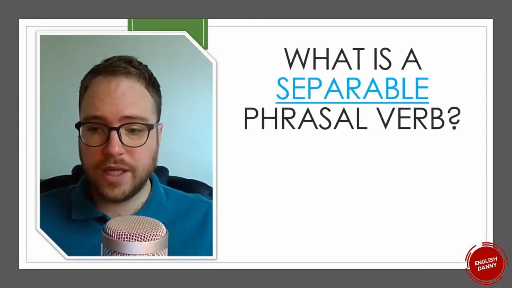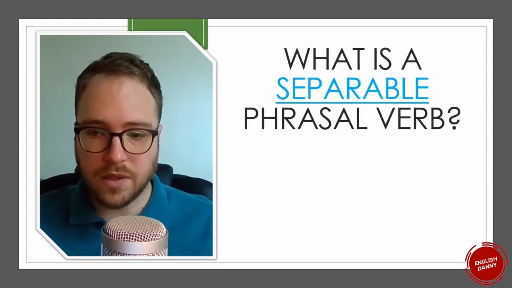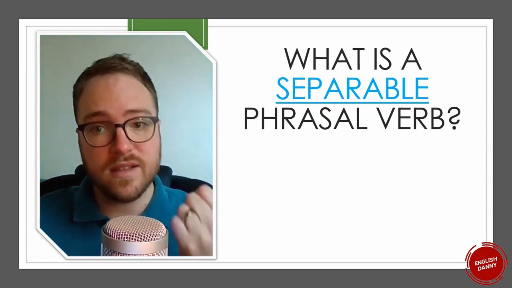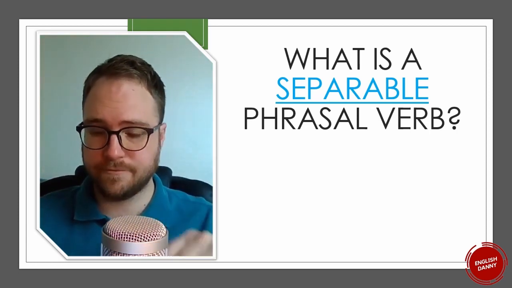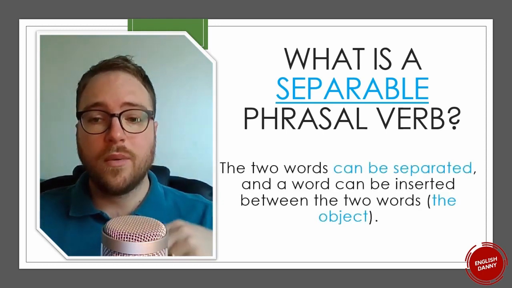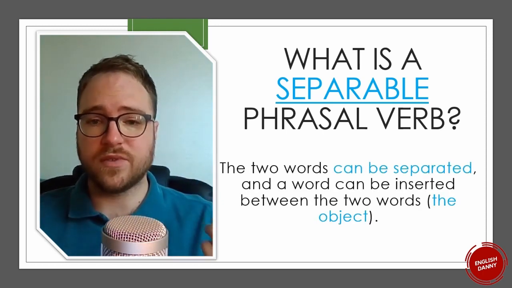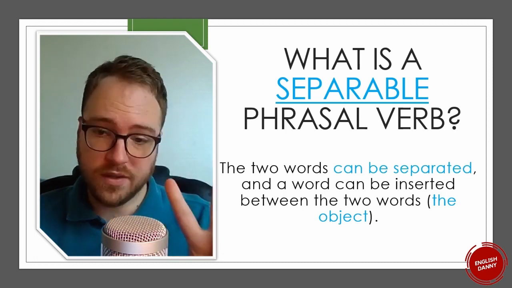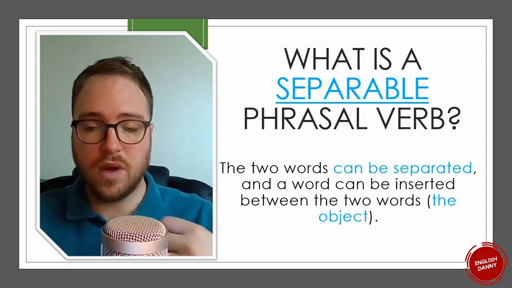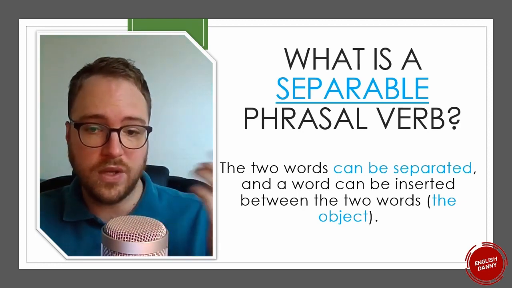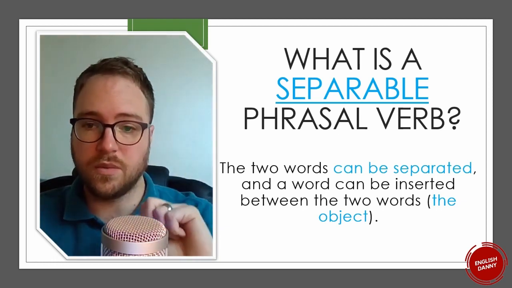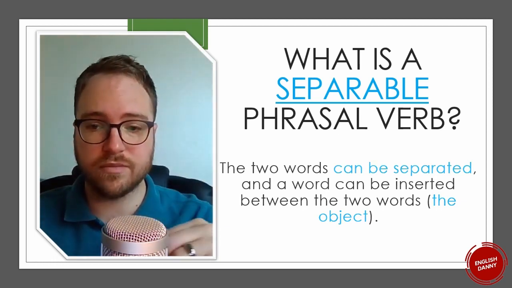So before we really get into looking up a list of words, let's quickly review what is a separable phrasal verb. Okay, we'll talk about separable phrasal verbs first. Well, a separable phrasal verb is when the two words in the phrasal verb can be separated, and a word, usually the object, can be inserted between the two words in the phrasal verb.